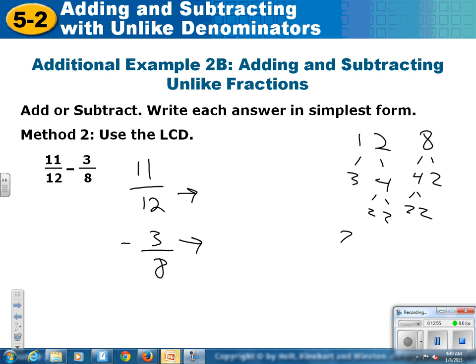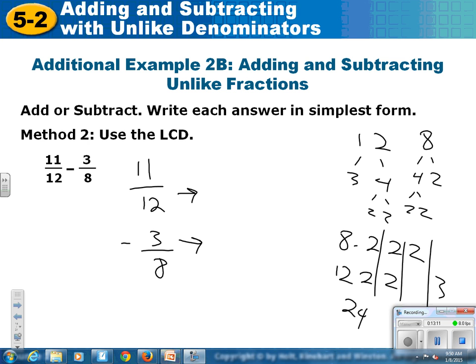And make your little chart. You can go 8 and 12, and you can go 2, 2, 2. 12 is 2, 2, 3. 2 times 2 is 4, times 2 is 8, times 3 is 24.